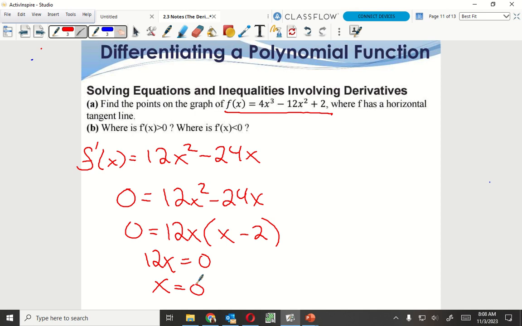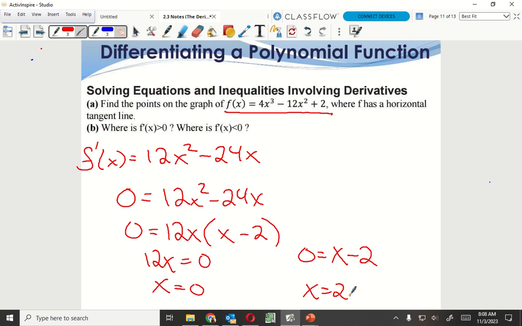Okay, so the next one is going to be 0 equals x minus 2. What am I going to do to that minus 2? Add 2 to both sides, so I get x equals 2. If I plug in positive 2 into the x minus 2, even though I have 12x on the outside, the inside is going to become 0, isn't it?